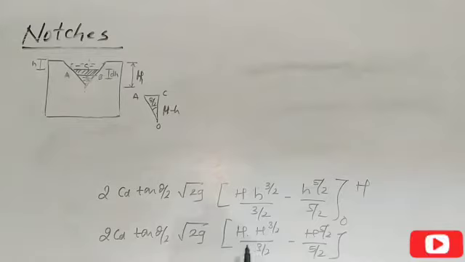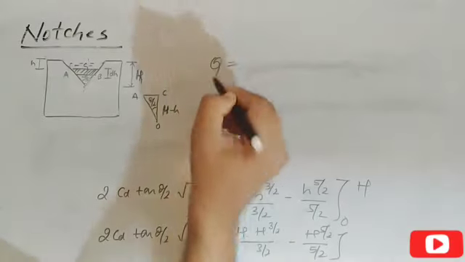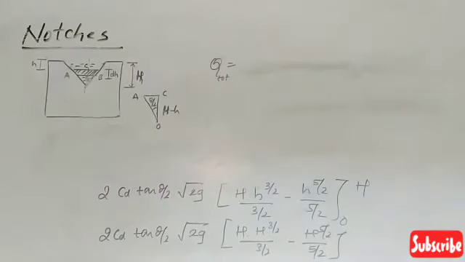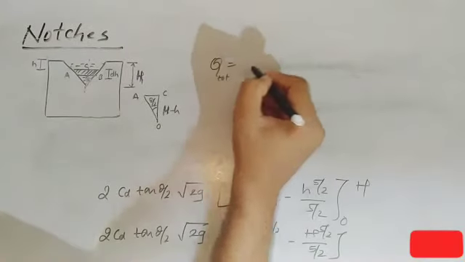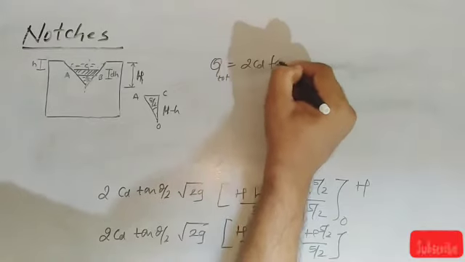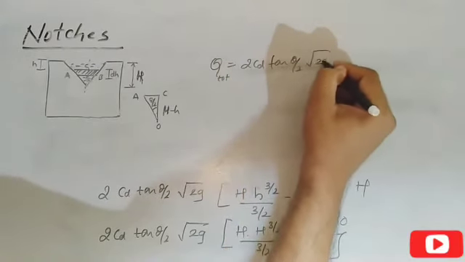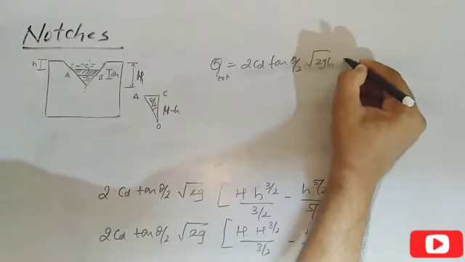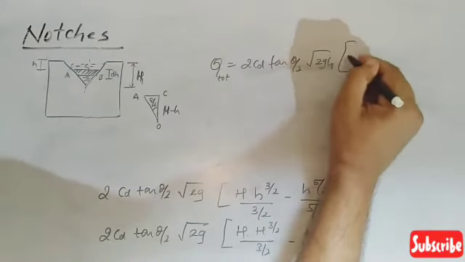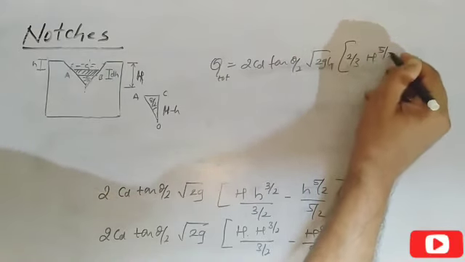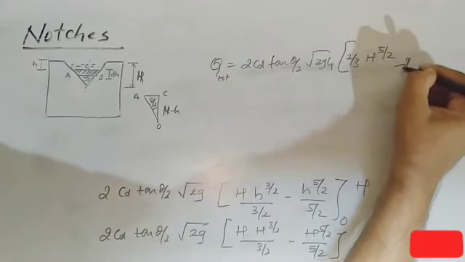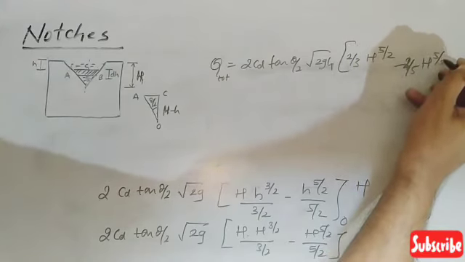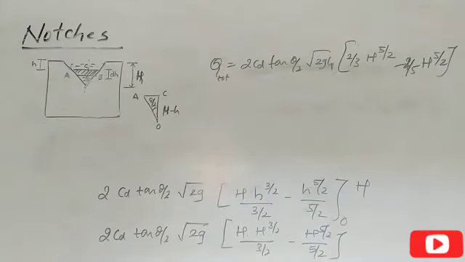Now if you again simplify Q total, the equation you will get is 2 Cd tan theta by 2 root 2g, times [2 by 3 H to the 5 by 2 minus 2 by 5 H to the 5 by 2].